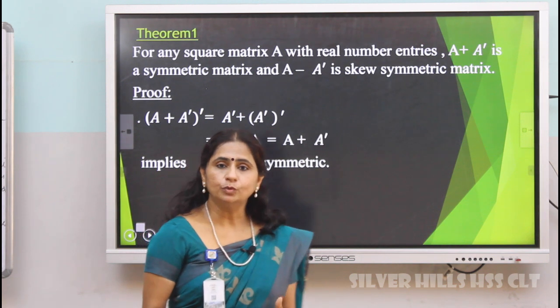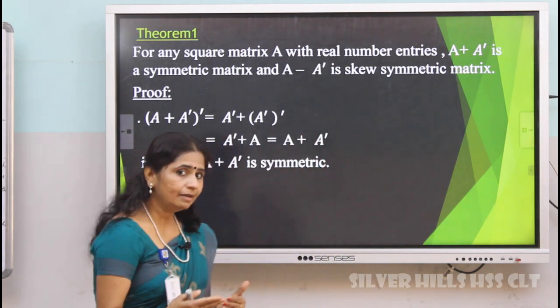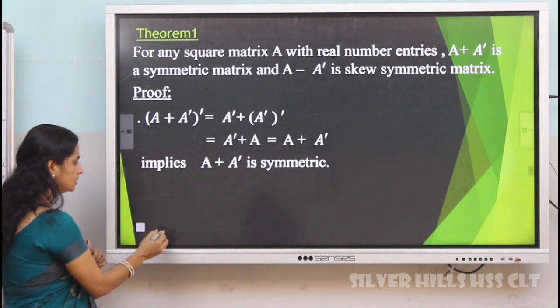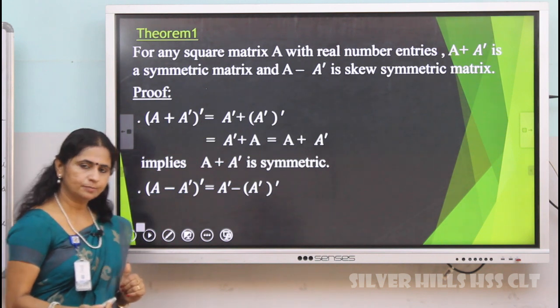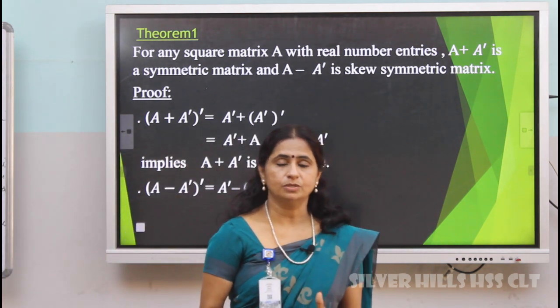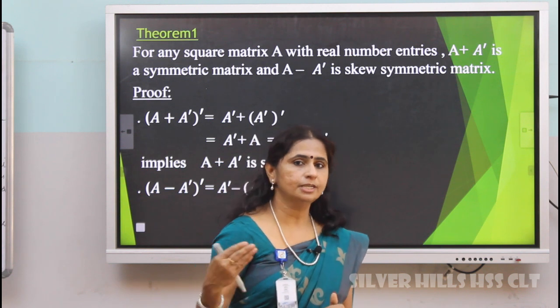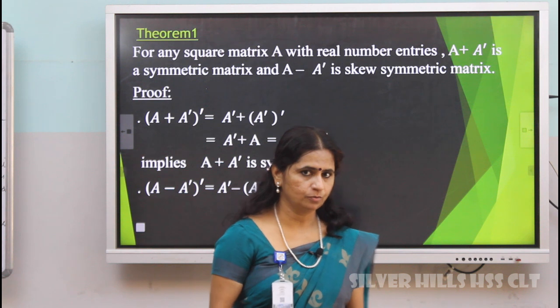Now, we have to prove that A minus A transpose is skew symmetric. Again, we will go for its transpose. So, the transpose of A minus A transpose, by the property of the transpose, the transpose of A minus B can be written as A transpose minus B transpose.